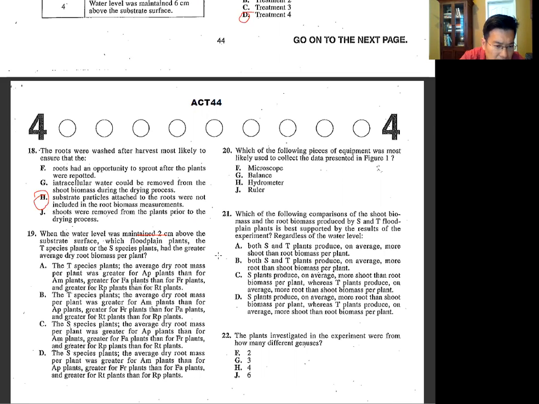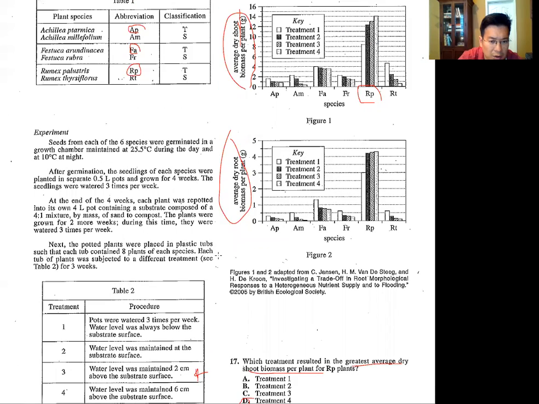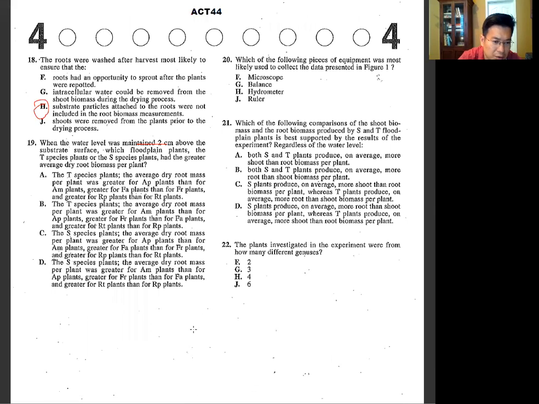The T plant, where's the S plant dry? So we have to think about the T plant, and the T plant is RP. RP is way greater than the other S plants. S plant AM is really low, right? And FR is also really low. So just obviously a huge hike up. So T plant.